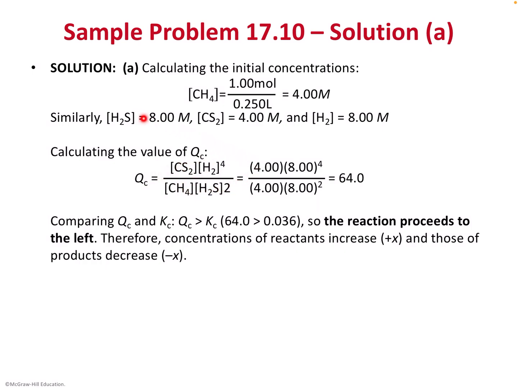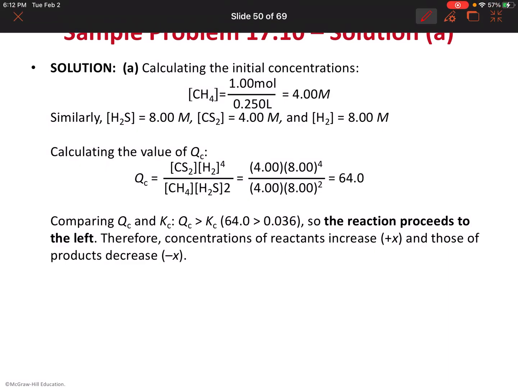So when you plug these concentration values, you get 64. And the Kc was given to us as 0.036, right? So 0.036 is the Kc and Qc is 64.